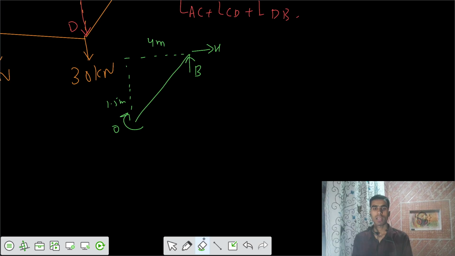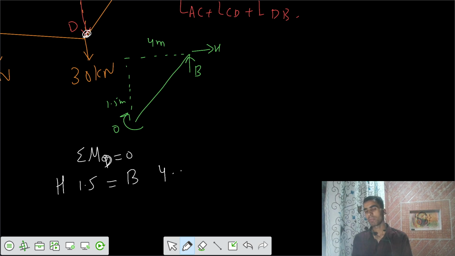So let's apply summation of moments at this section D equals to 0. I would write H clockwise about this point, H into 1.5 equals B anti-clockwise into 4. So I got the relation between H and B.